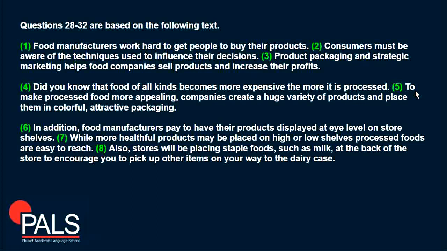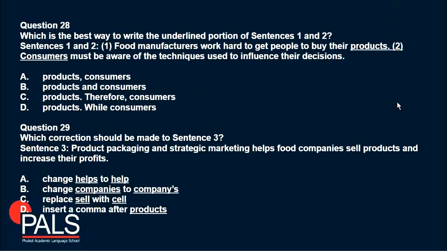Now, I've already noticed a lot of grammatical errors in there. So I bet that this passage is focusing on your grammar skills. So let's proceed with the questions. 28. Which is the best way to write the underlined portion? Sentences 1 and 2. Food manufacturers work hard to get people to buy their products.